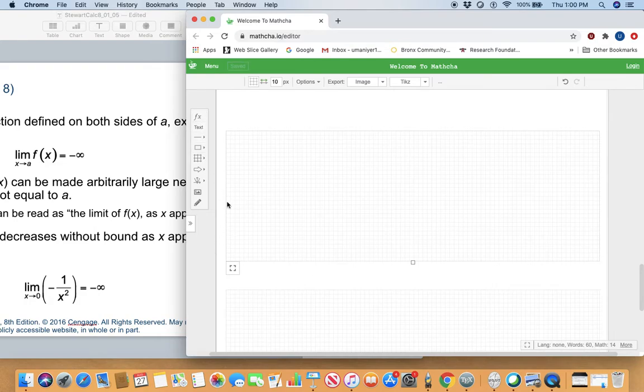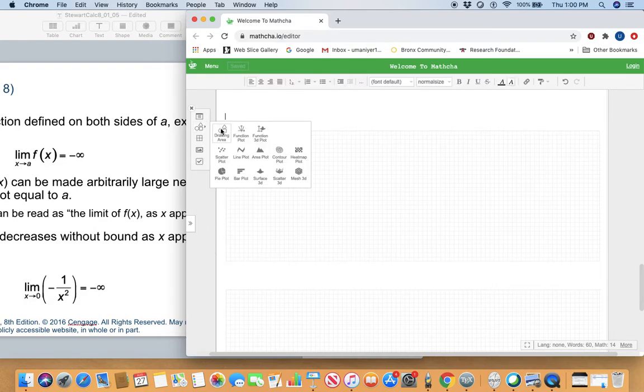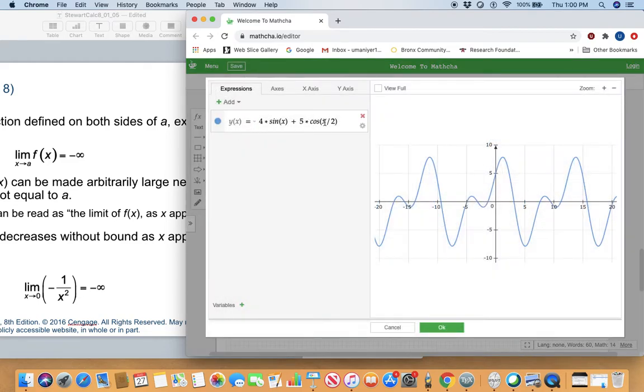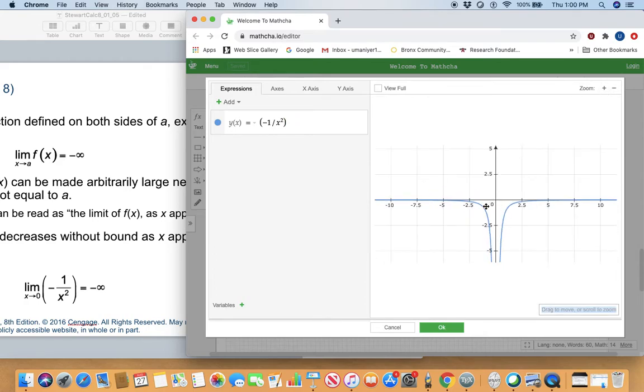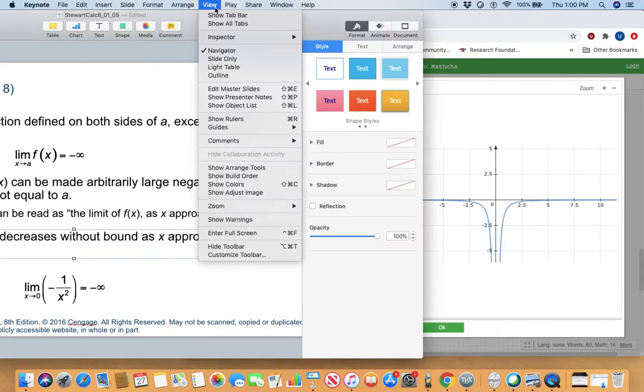Function plot: negative 1 over x to the power 2. You see how this looks. If you want, zoom in. As x approaches 0 from the left, you go to negative infinity. As x approaches 0 from the right, you go to negative infinity. So that's the picture. The limit is negative infinity.